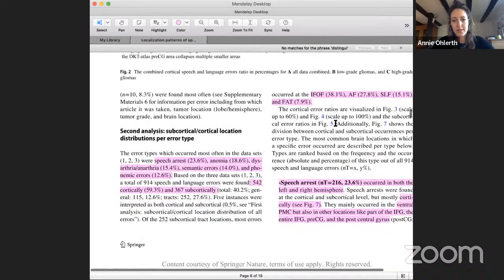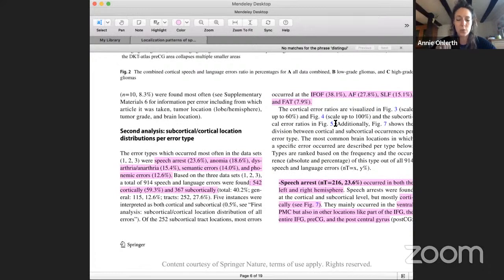Then they looked at these error types. They came across a lot of the very bigger categories of speech arrests. Anomias are the ones where you cannot name the target word, but maybe the entire speech process is okay, but language-wise, you might not be able to come up with the target of the sentence.